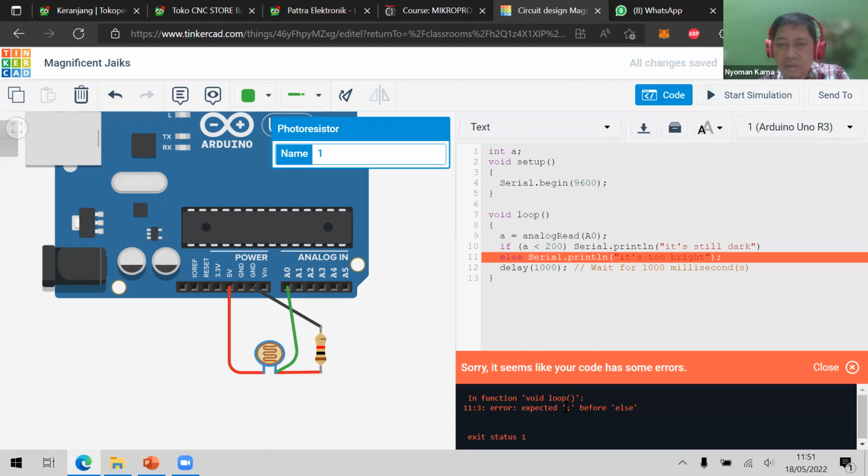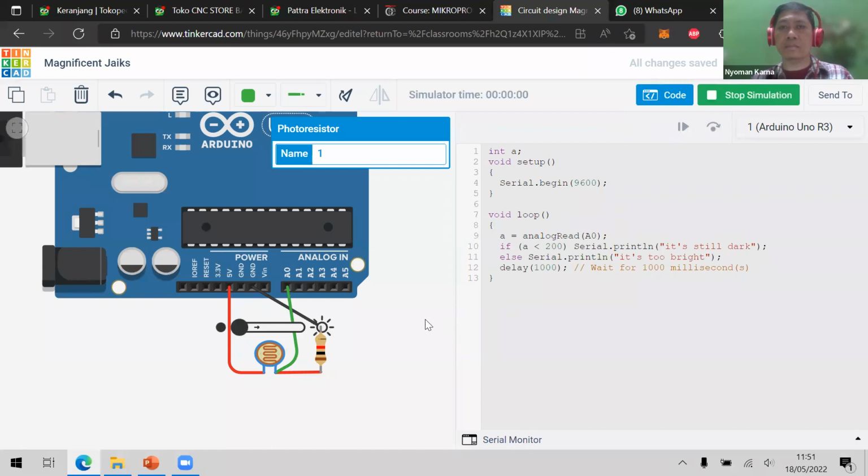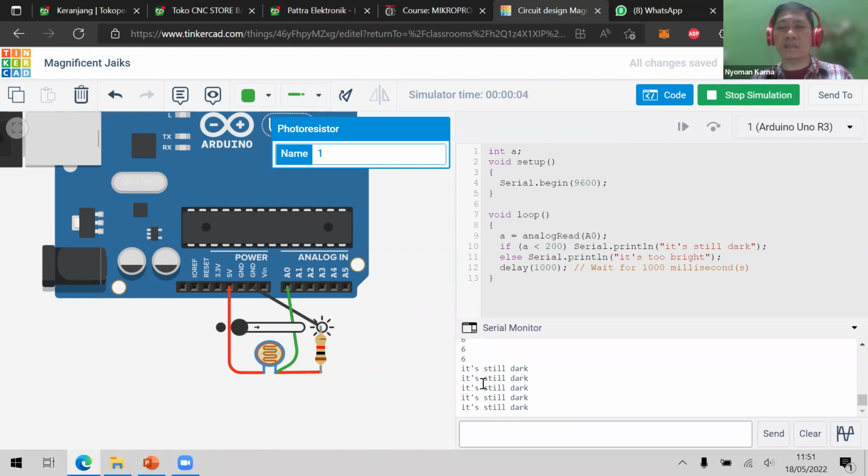Okay, there is something wrong here. Before else. Okay. It said that it's still dark, but now it's too bright.